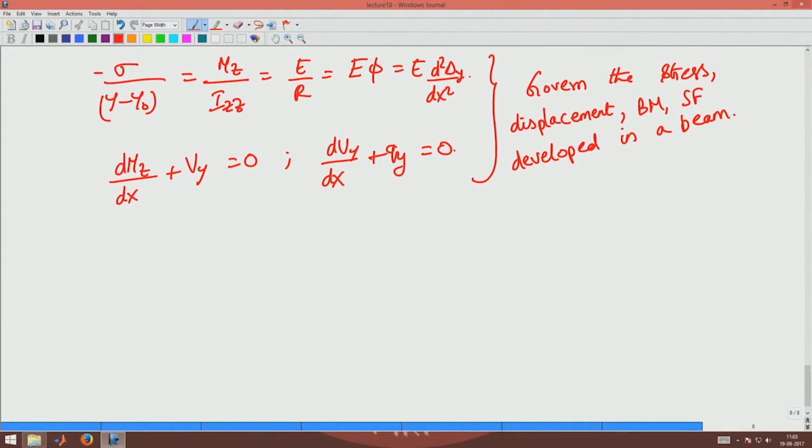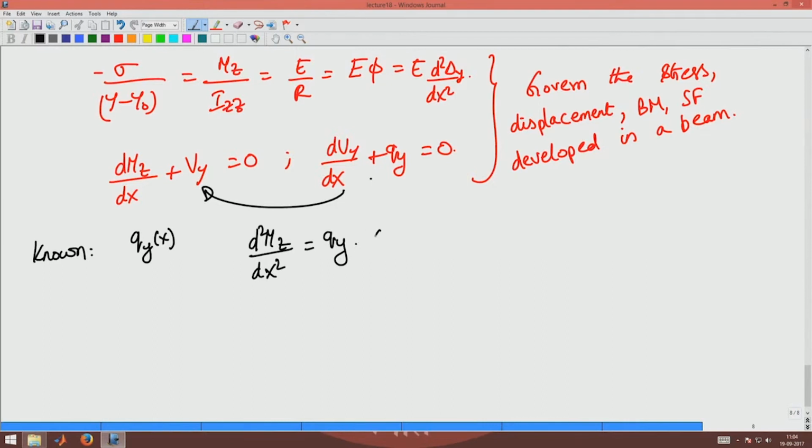Now, how do you apply this for a given loading qy? For a given loading qy, the known input quantity is qy as a function of x. You take this and substitute for Vy in here, and you get d square Mz by dx square equal to qy.